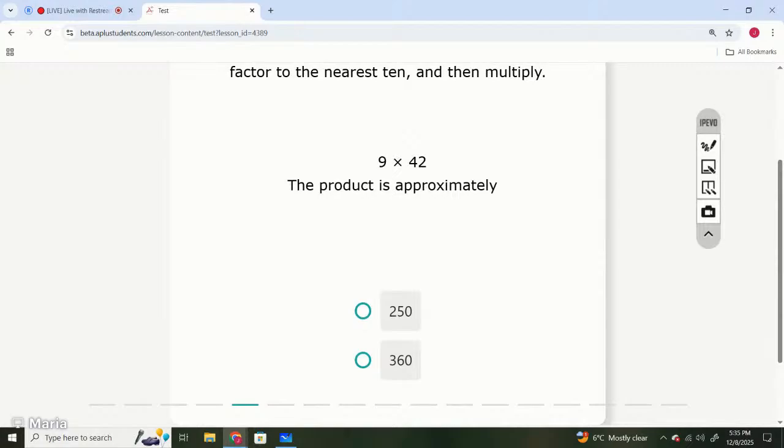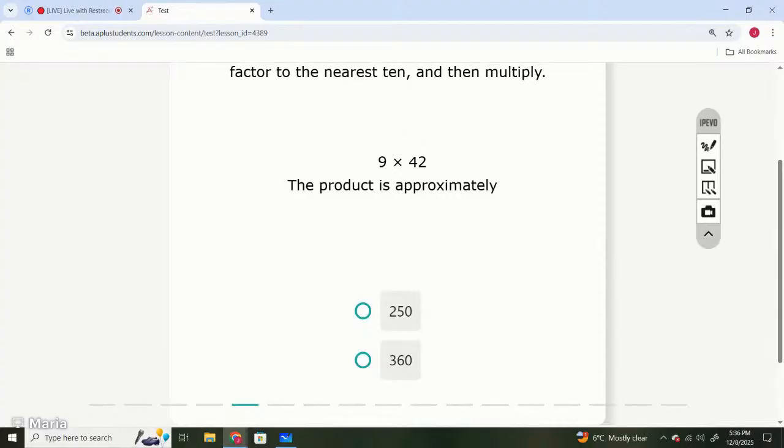9 times 42. So which is the correct option? Very good. 42 is rounded to 40.